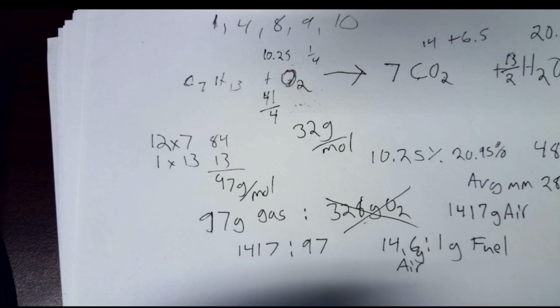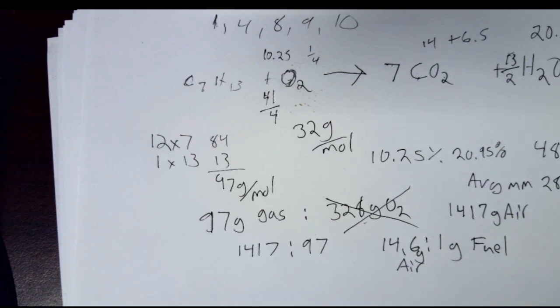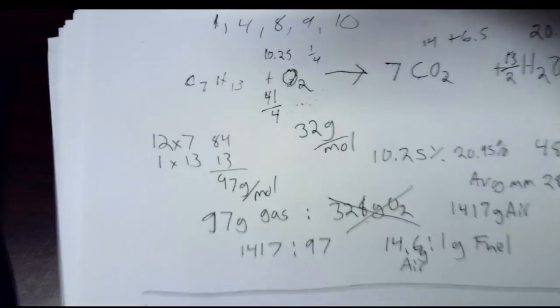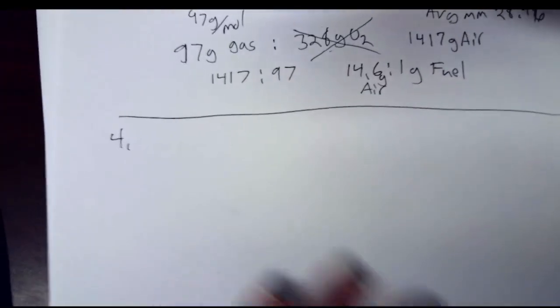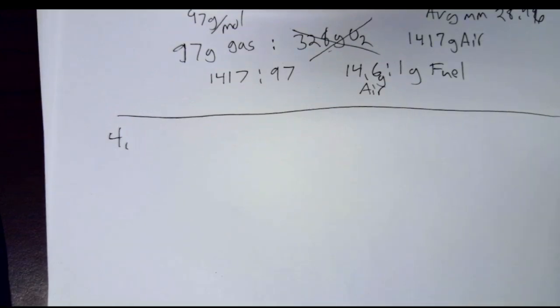Had I done it at the later step, I would have gotten something like a 16.1 to 1 ratio. So a lot higher, not what we wanted. So that one's a little bit trickier, but hopefully my guidance can make this somewhat reasonable.